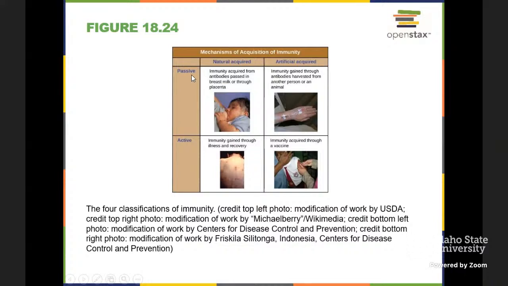Another passive mechanism that is artificially acquired would be plasma donation. When you donate your plasma, they take the antibodies and there's ultimately separation. We can do all sorts of techniques to purify those antibodies, and now you've got vials of antibody against specific things.